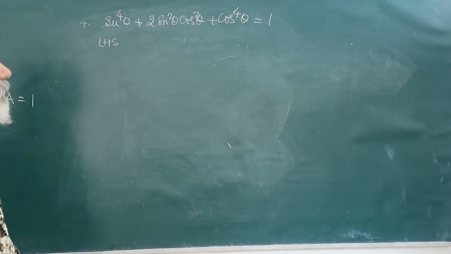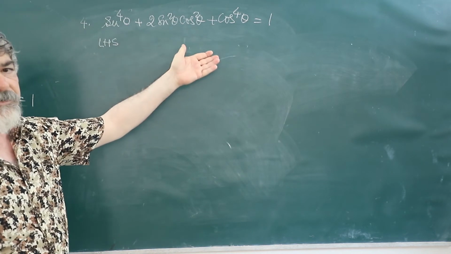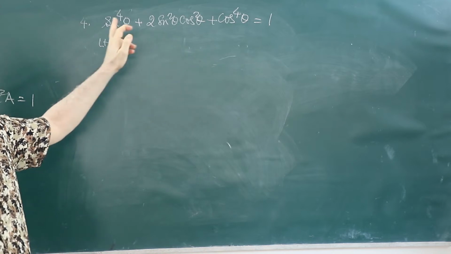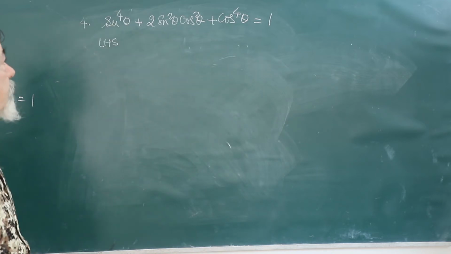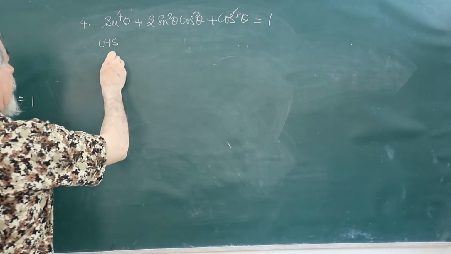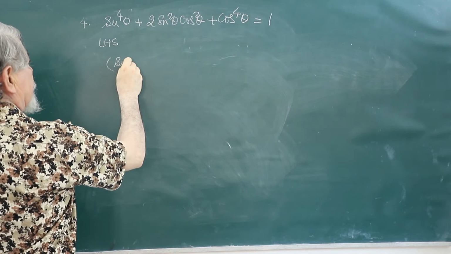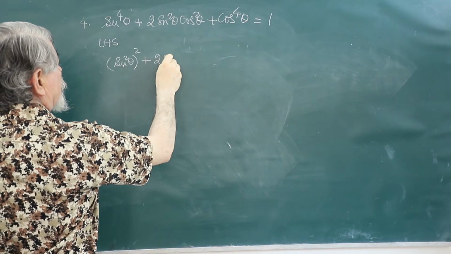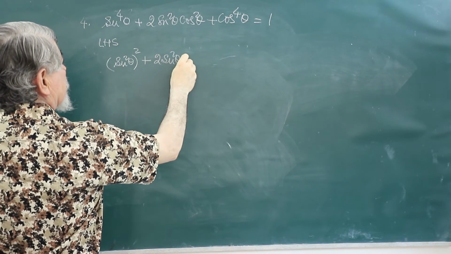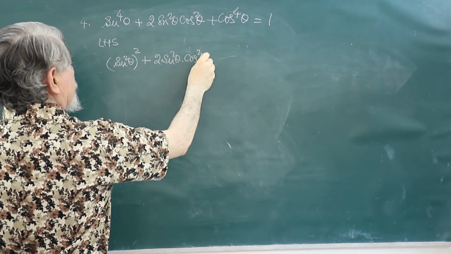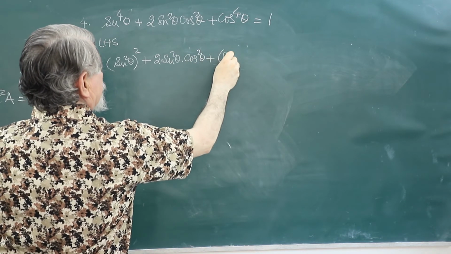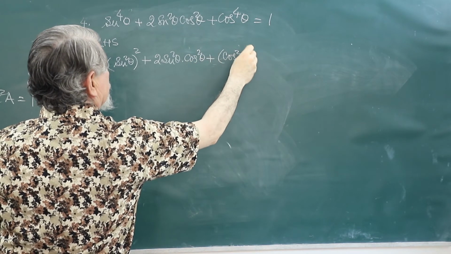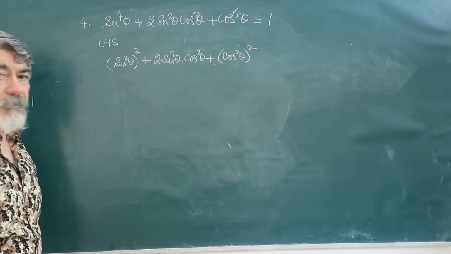If you look at the left hand side, it seems to be the square of something. It is actually sine square theta to the power 2 plus 2 sine square theta cos square theta plus cos square theta to the power 2.